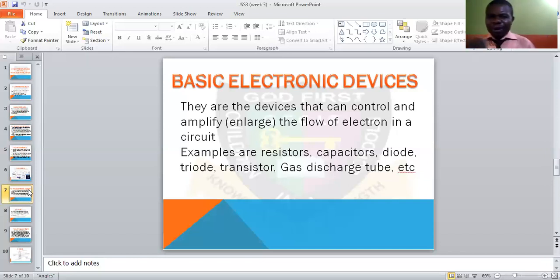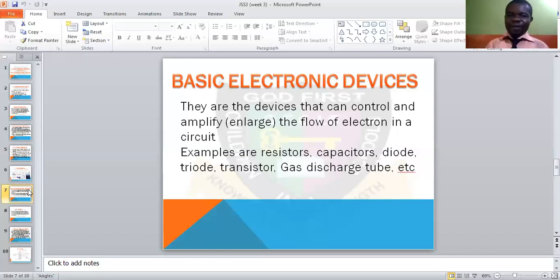We will look at maybe one or two of them, particularly the diode, before we go on to other basic electronic devices like the gas discharge tube, the transistor, the resistor, and so many others.